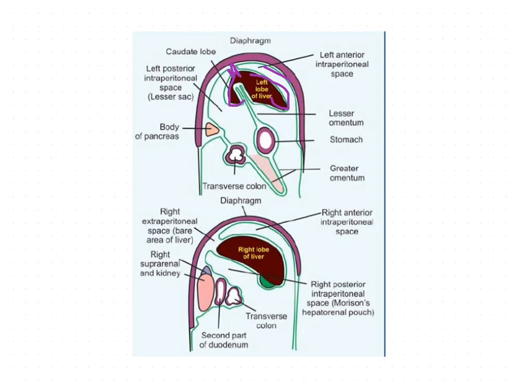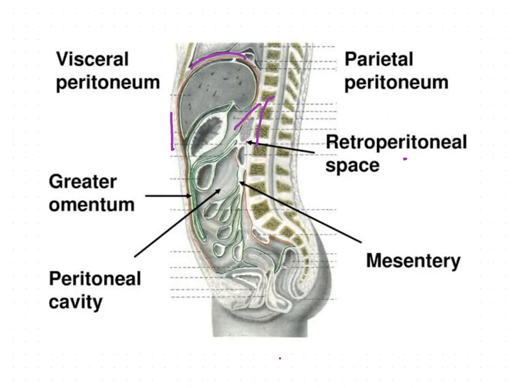Next, coming to the peritoneal folds. What do we mean by peritoneal folds? It means the visceral and the parietal layers are continuous with each other. You can see here that the parietal layer is continuous with the visceral layer, and there it forms folds.